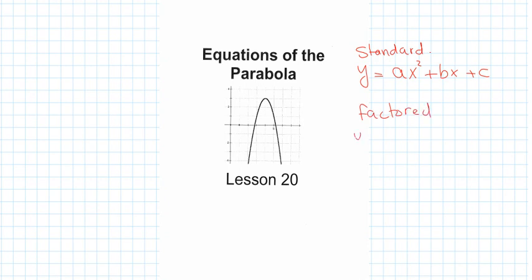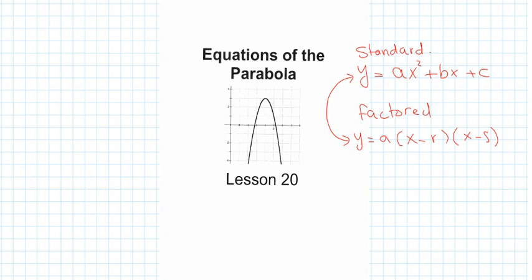We just talked about them, and then we went between the two forms. You might not have noticed, but we went from one to the other by either factoring or by expanding. If you remember the term FOIL, we FOIL to go from factored to standard, and we factor to go from standard to factored.